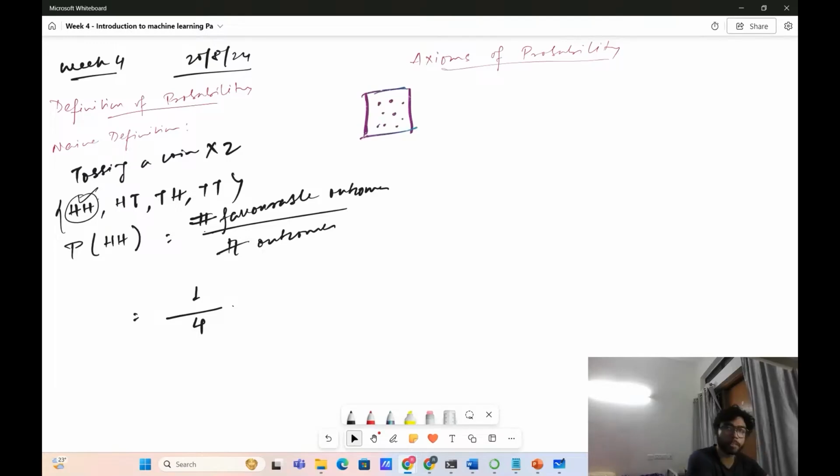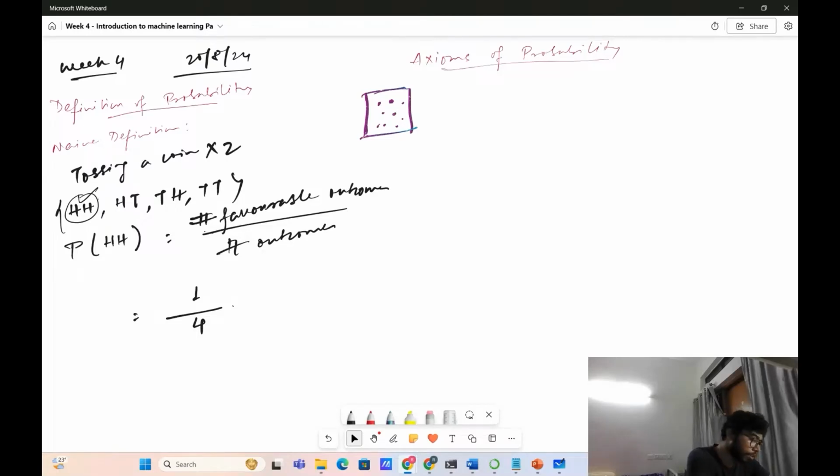Each of the points represents one of the outcomes. So let's say this represents HH, another point represents HT, another point represents TT, and so on. You could toss 1,000 coins and your sample space will be filled with many more outcomes, and this is basically your sample space. This is basically all the outcomes, right?